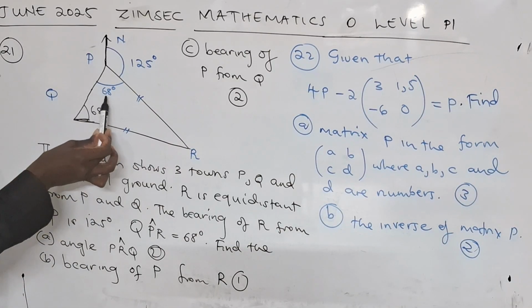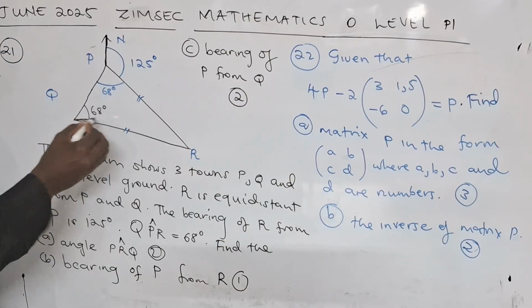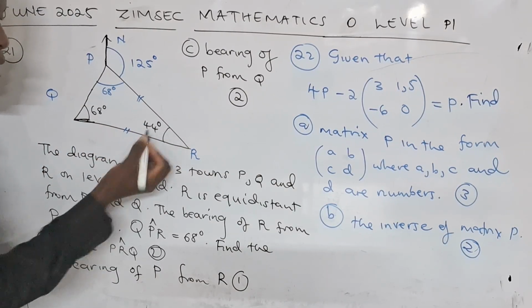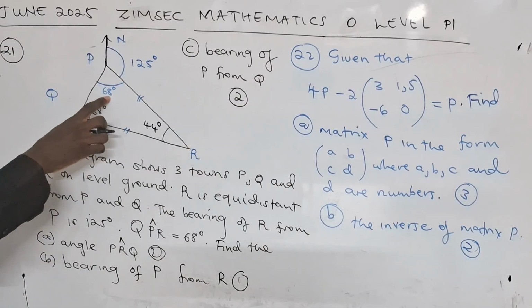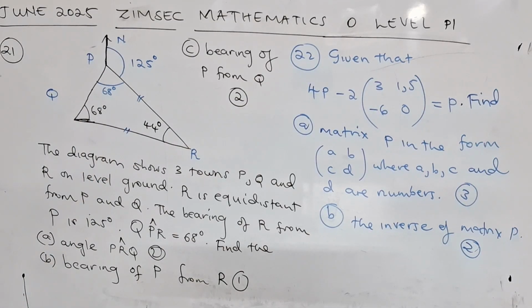So 68 plus 68 is 136. You subtract 136 from 180, and you get this angle, which is 44 degrees. Now 68 plus 68 plus 44 gives 180.